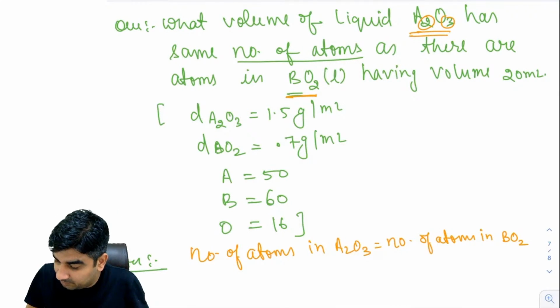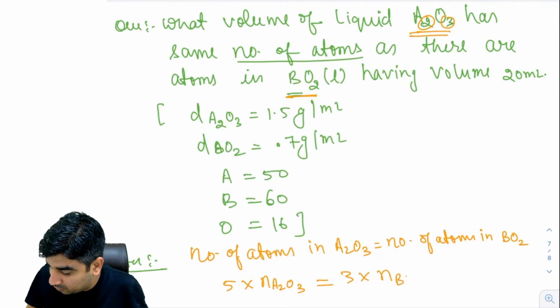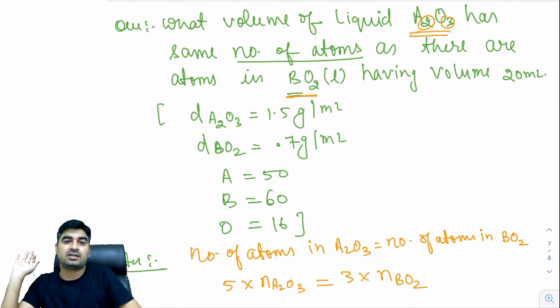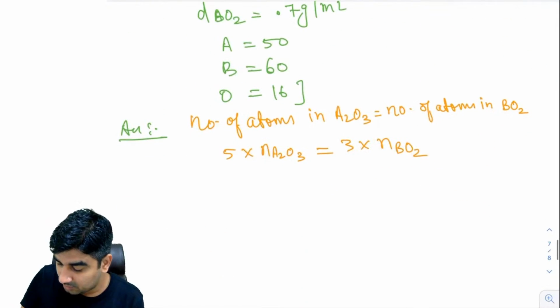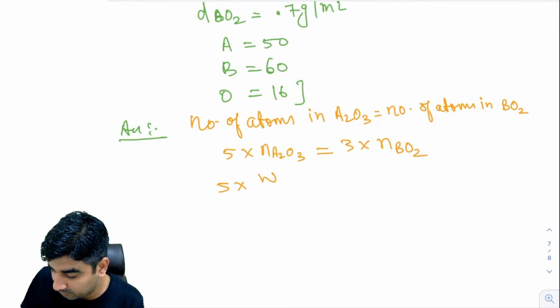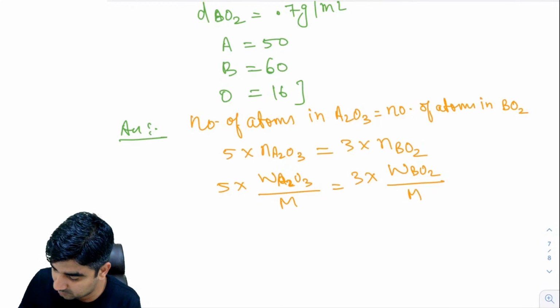So the number of atoms will be, here we will have 5 into moles of A2O3 and here I will have 3 into moles of BO2. Now 5 into weight of A2O3 upon molar mass, 3 into weight of BO2 upon molar mass.